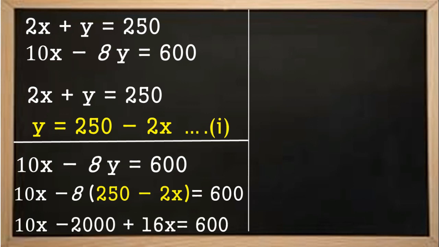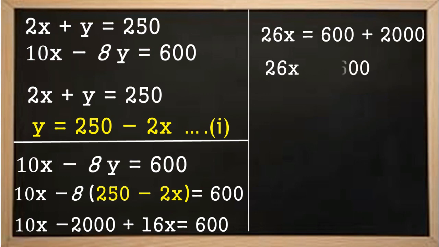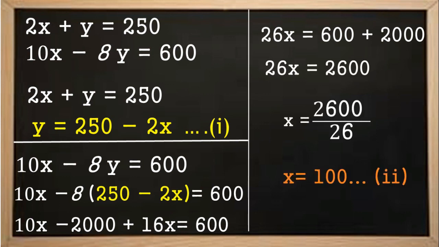It results as 8 into 250 is 2000, minus into minus is plus, 8 into 2x is 16x. Now in the next step, 10x plus 16x is equal to 26x, and minus 2000 is shifted from the left hand side to the right hand side. So its sum is equal to 2600 and the value of x is equal to 100.